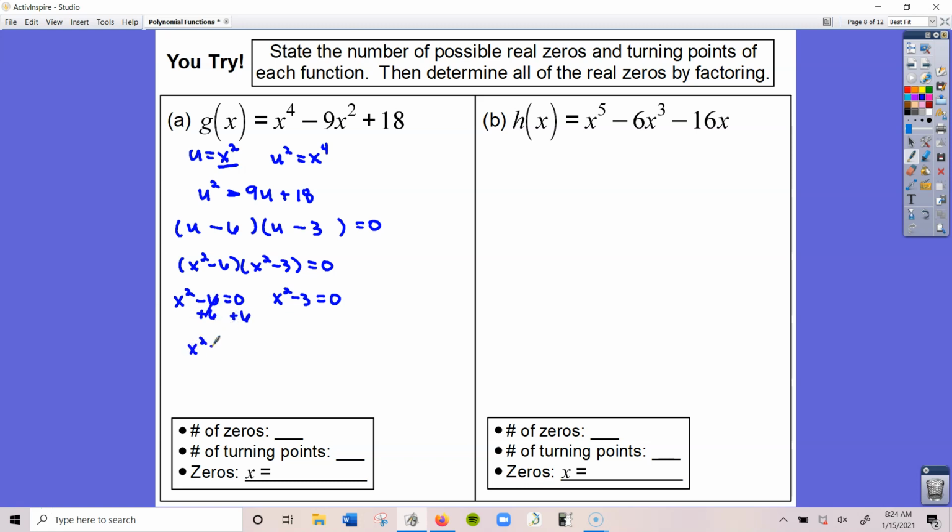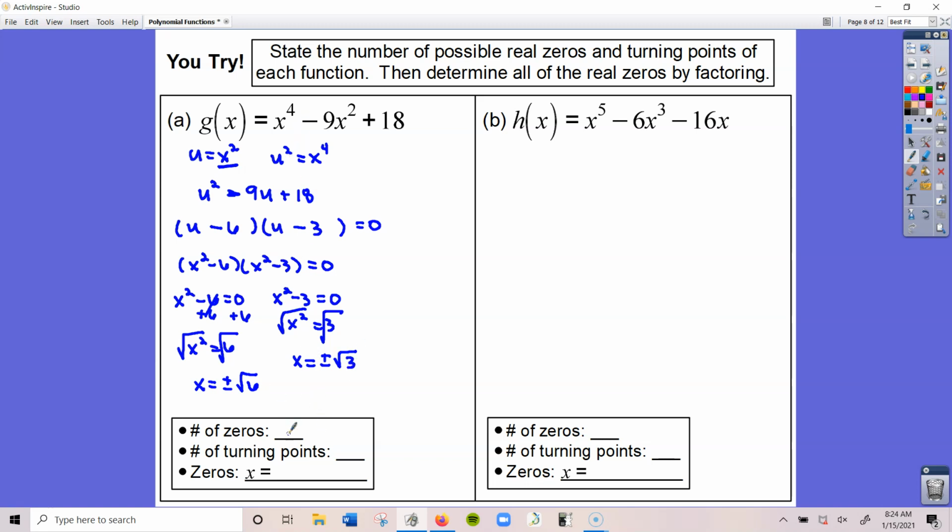So x squared is equal to 6. And then we square root. So x would equal plus or minus the square root of 6. Over here, I'm going to add the 3. So x squared is equal to 3. And then I would square root. So x would equal plus or minus the square root of 3.